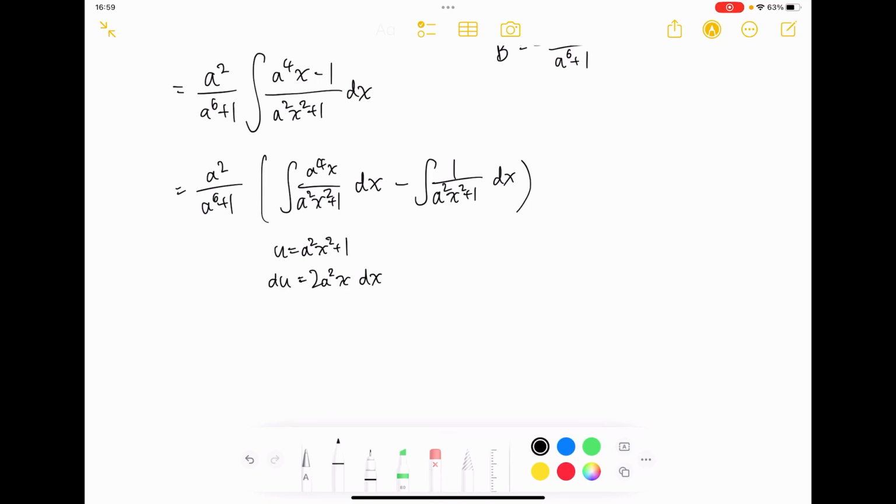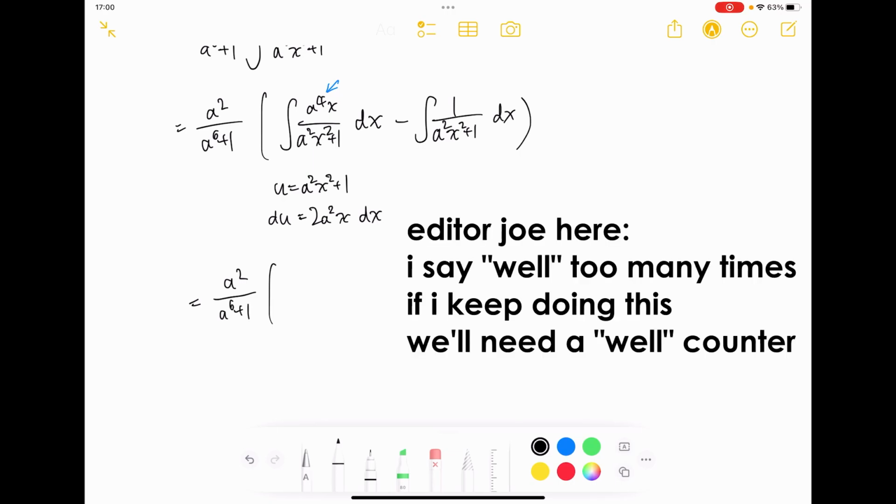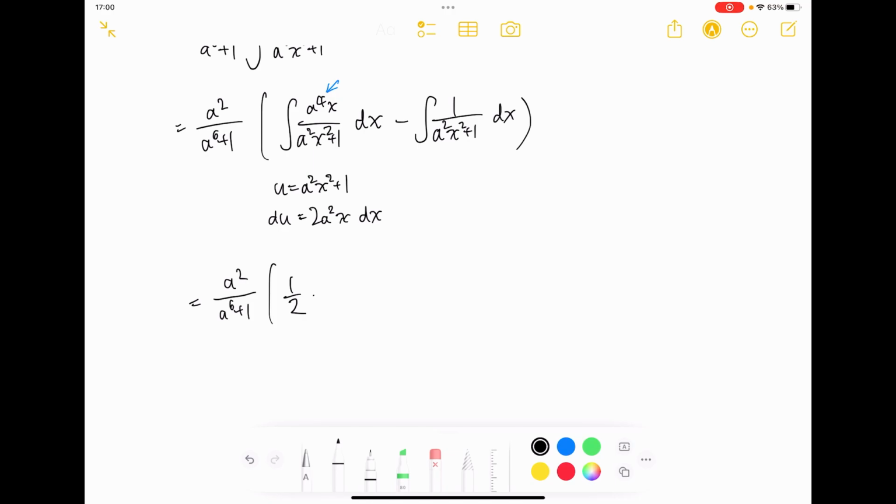And yes, that should be it. And we see that we have an a to the fourth up top. That means when we substitute in, we're going to have an a squared left. But we also have a factor of 2. That means we have to divide by 2, because we have to multiply by 2 to get the 2, and then divide by 2 to balance it out. So our left integral is going to be a half times the remaining a squared times the integral of 2a squared x dx divided by u.